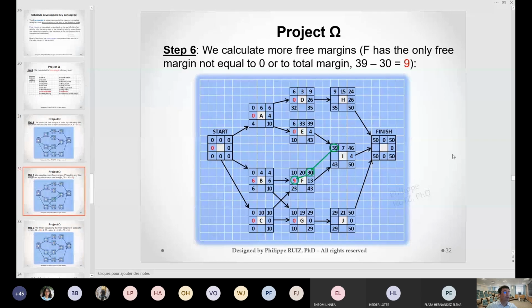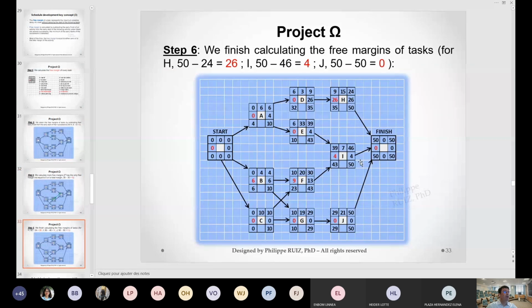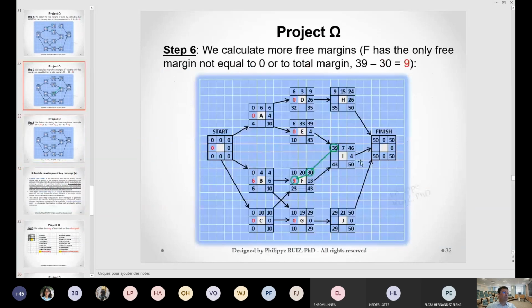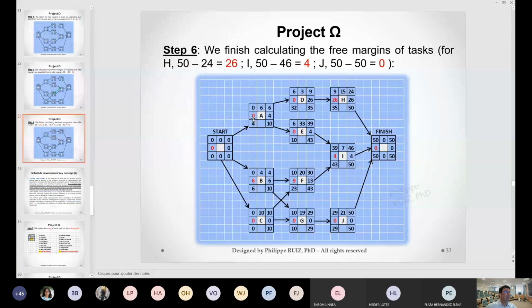So we compute everything, and we obtain all the free margins. One thing I want to show you here is that the free margin usually is either equal to 0, you can see here 0, 0, 0, or it's equal to the total margin.